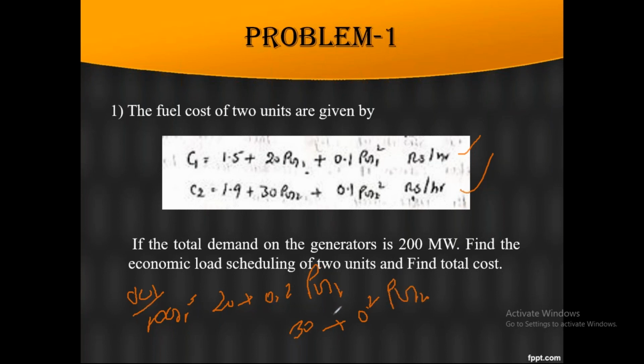So these are the two incremental cost equations for unit 1 and unit 2. Next, just see this sentence: find the economical load scheduling. As I already said, this represents lambda 1 and this represents lambda 2. Based on that, how can we calculate PG1 and PG2?